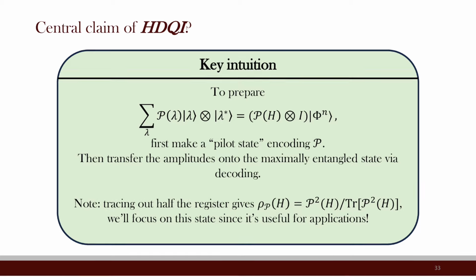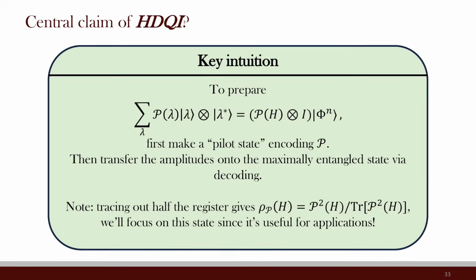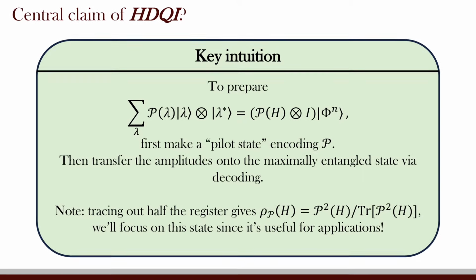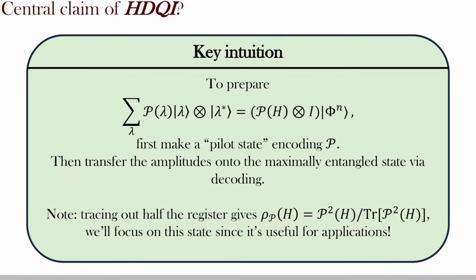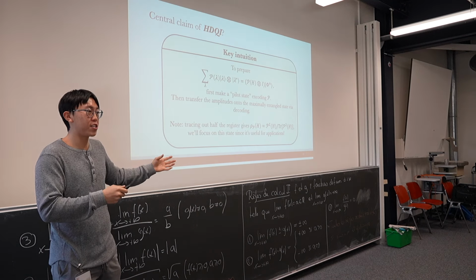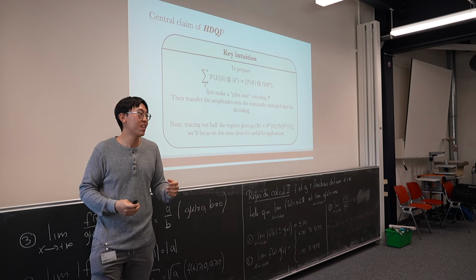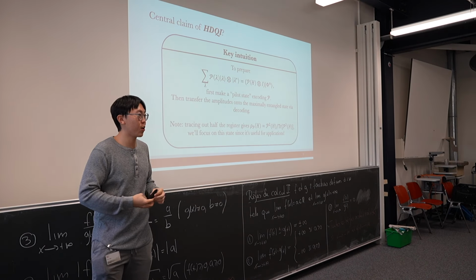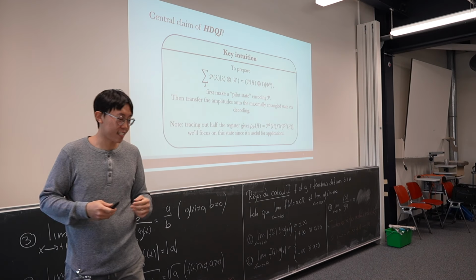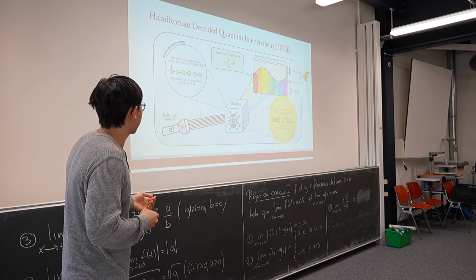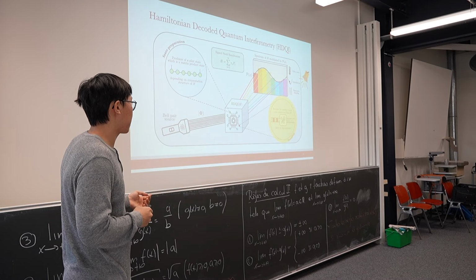Then we're going to attach it to the Bell state, and we're going to do some manipulations to try to transfer those amplitudes properly onto the Bell state, and then remove the pilot state register. In this process, it turns out that removing the pilot state register is non-trivial and requires a decoding step, which is where the reduction kicks in. So now let's look at that in more formality.